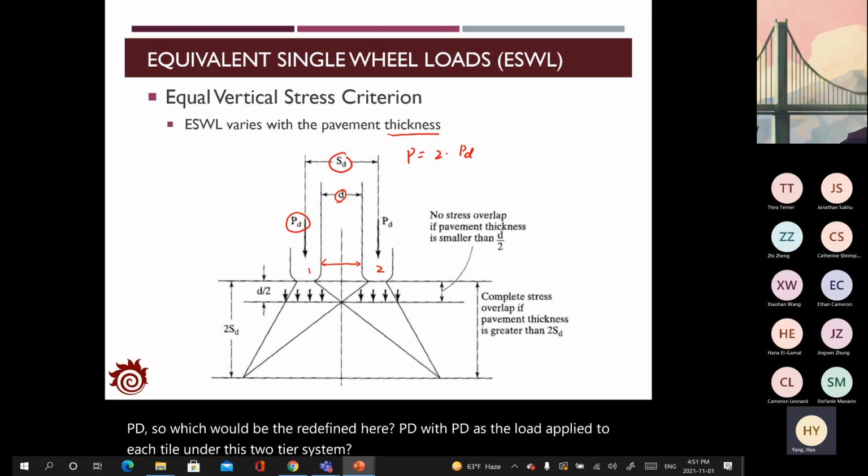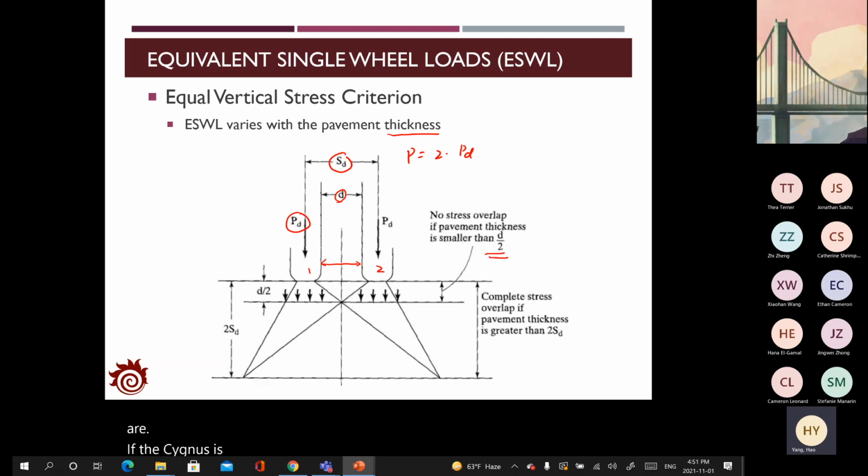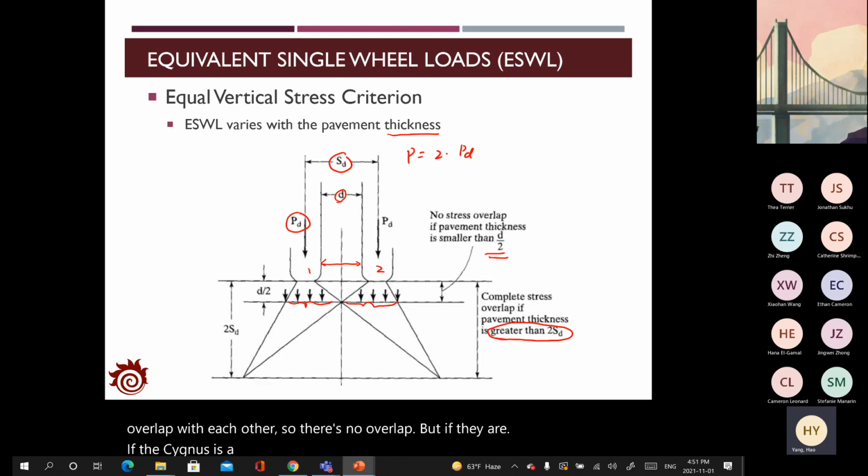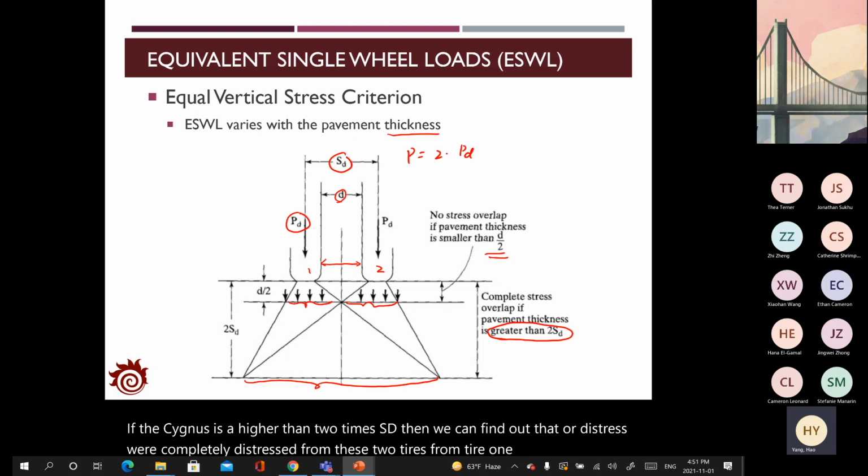And if we check the distribution of the stress at different depths of the pavement structure, you can find that if the thickness is less than half D, then the stress from the two tires will not overlap with each other. But if the thickness is higher than 2 times SD, then the stress from these two tires, tire 1 and tire 2, will completely overlap with each other.